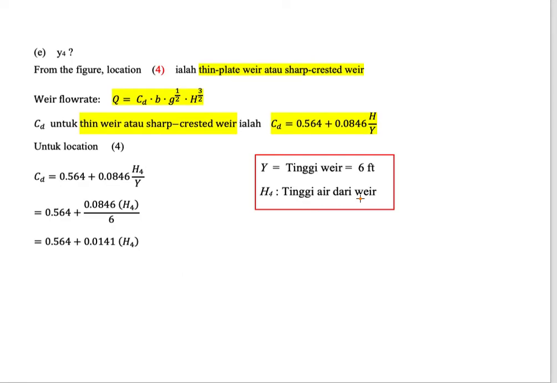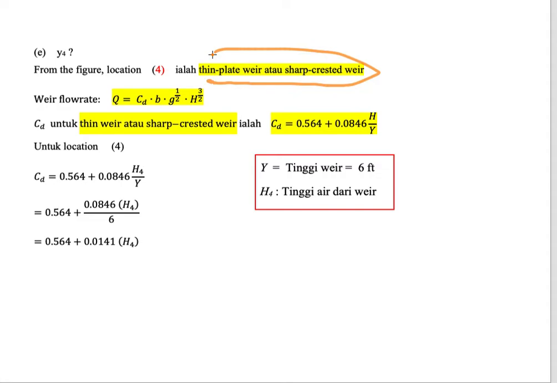Okay, then we have a weir here, a thin plate weir or sharp crested weir. The weir flow rate is CD times B times square root of g times H to the power of 3 over 2. The CD for the thin weir or sharp crested weir, you could see in the lecture notes.